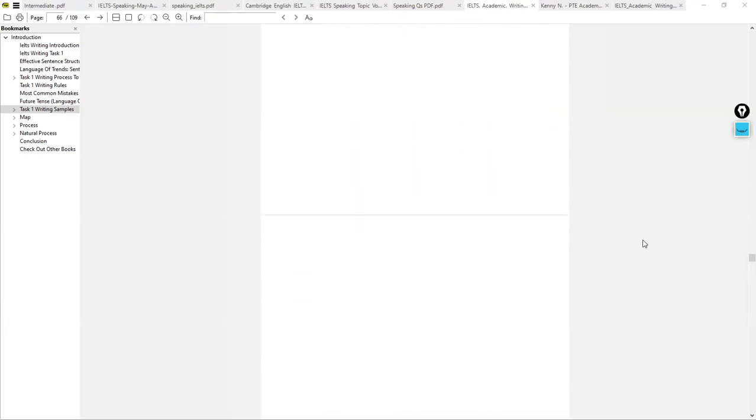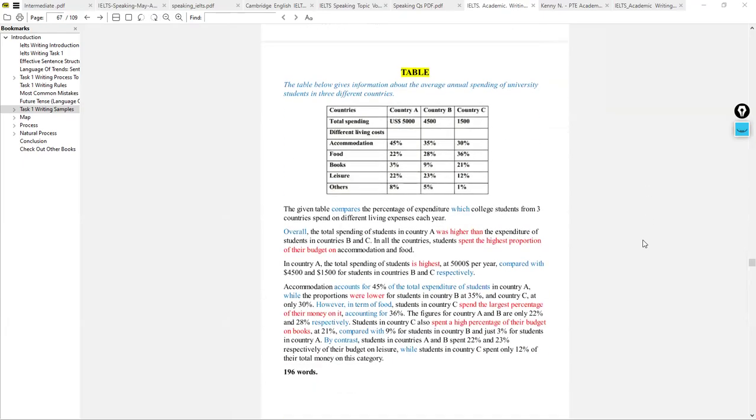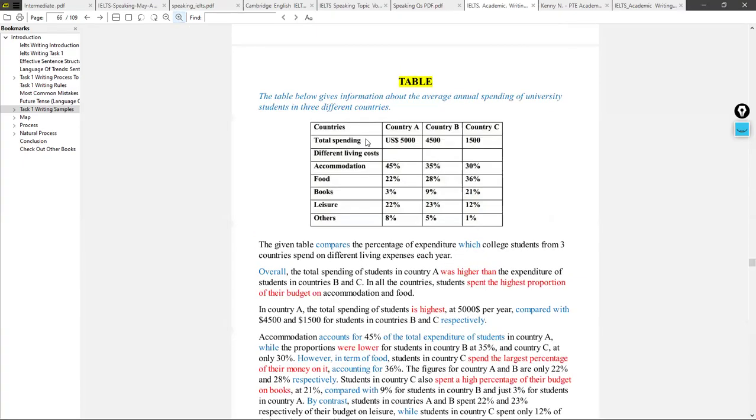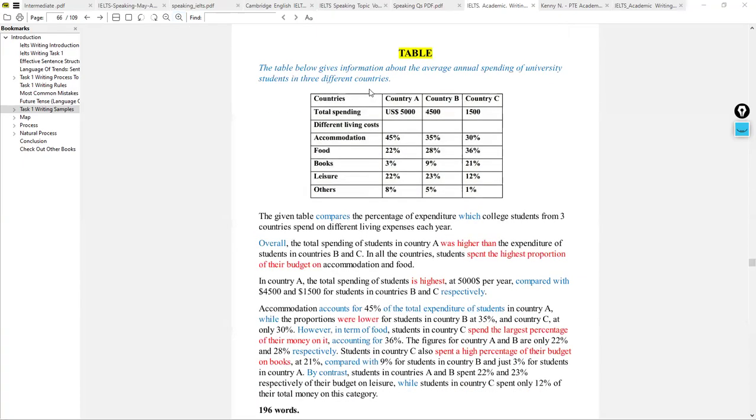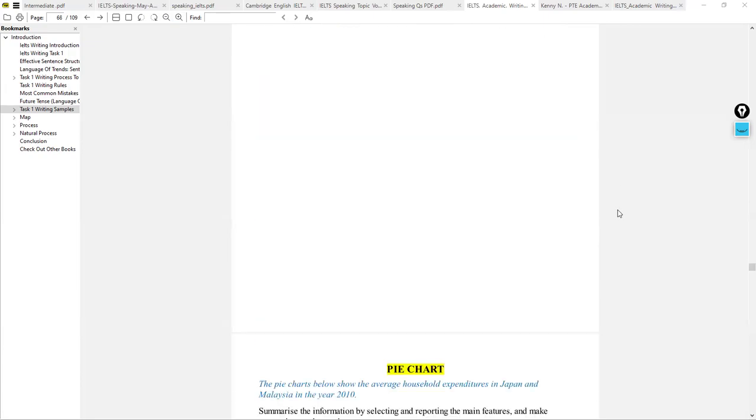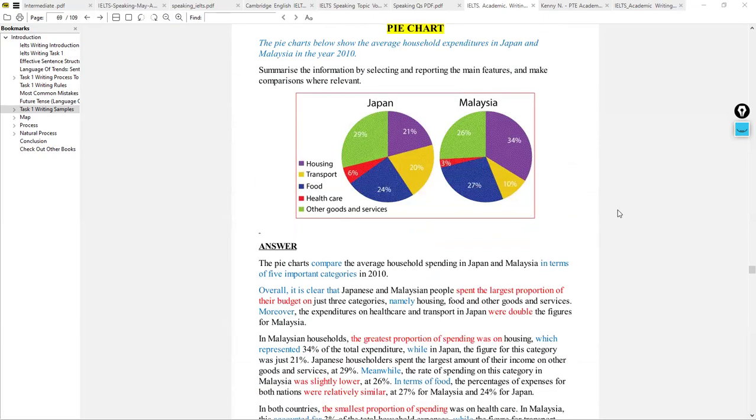This is another example about a table. I'm going to send the samples to you via WhatsApp just to be able to practice more and more.